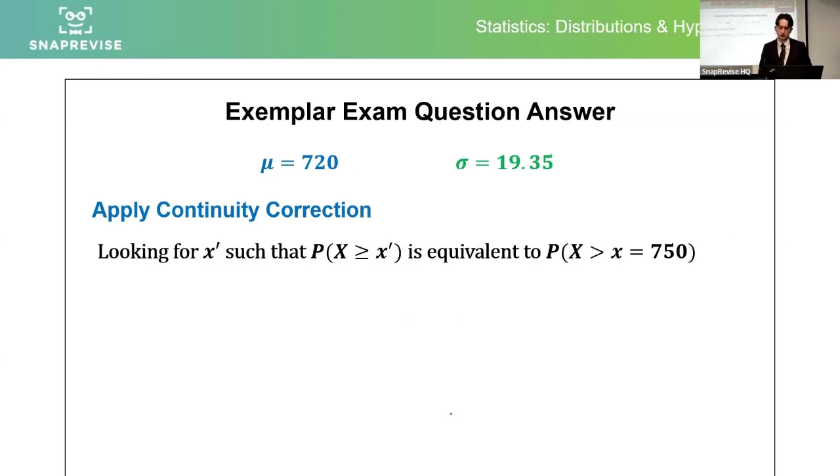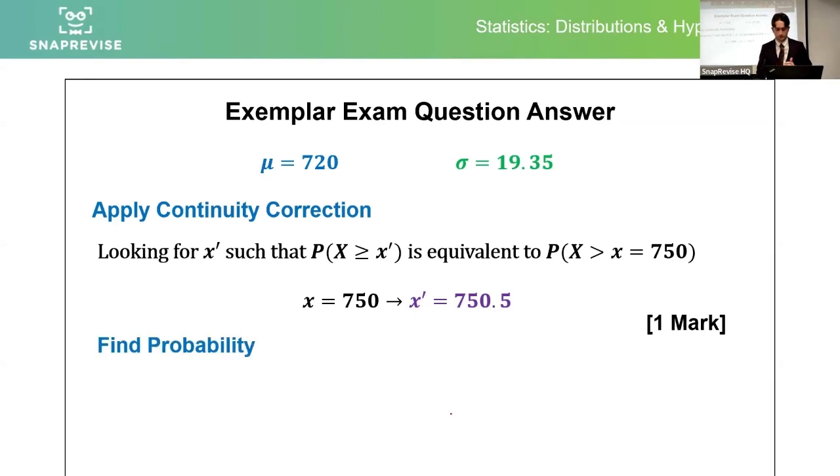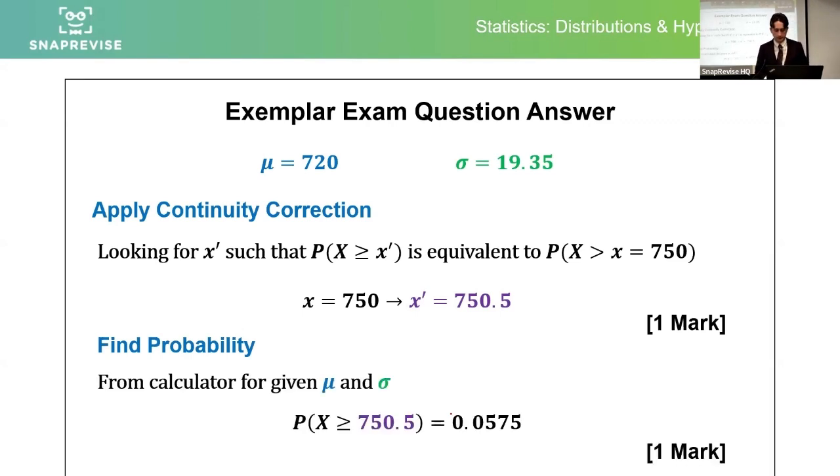We're going to apply a continuity correction. Since we want strictly greater than 750, we're going to use 750.5 so that we catch 751 onwards. Then we just do that straight away on our calculator. And the chance of greater than or equal to 750.5 is 0.0575. So about 5 and a bit % of the time, this will happen.